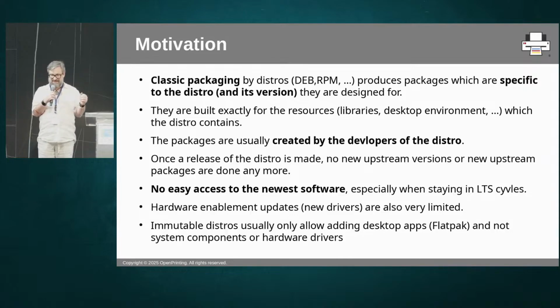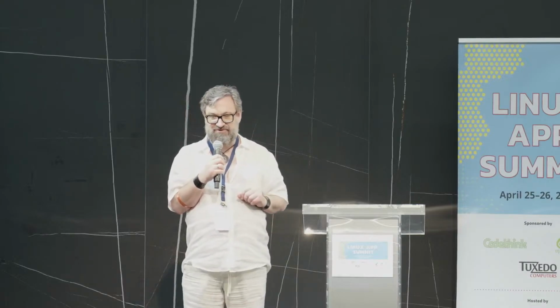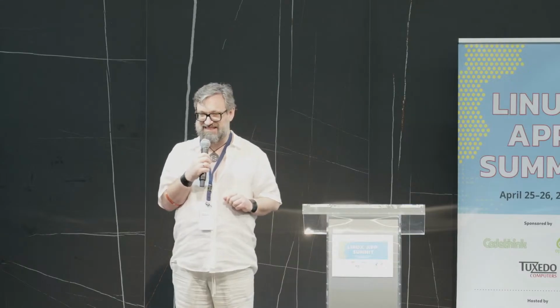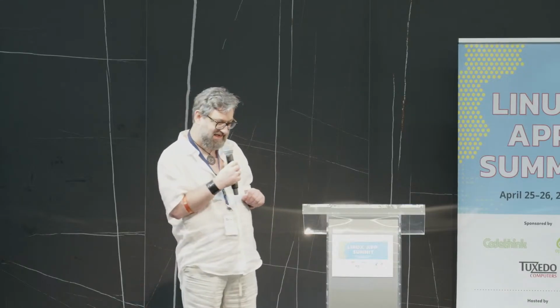And with this, components are 2 years old, and so it is not very easy to get the newest software in. When you compare this with your smartphone, you see that on the smartphone you have the App Store and you can always install the newest applications.